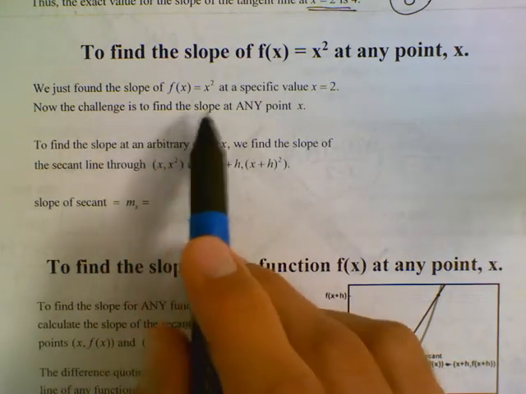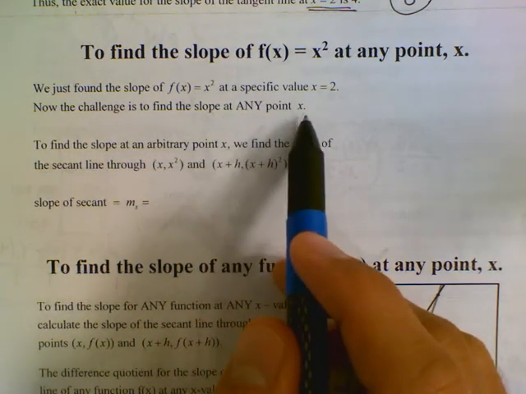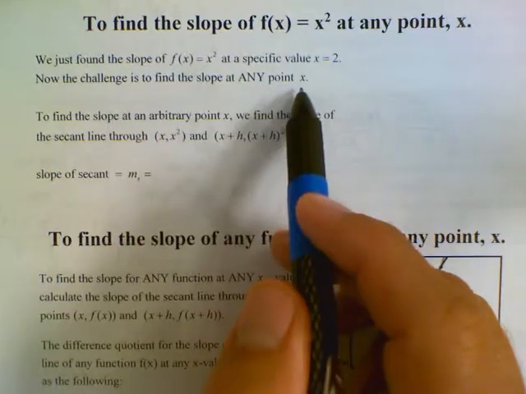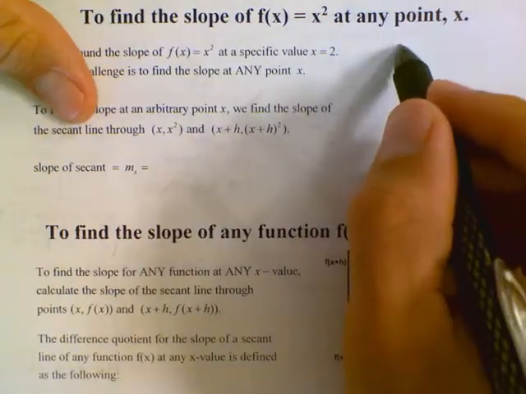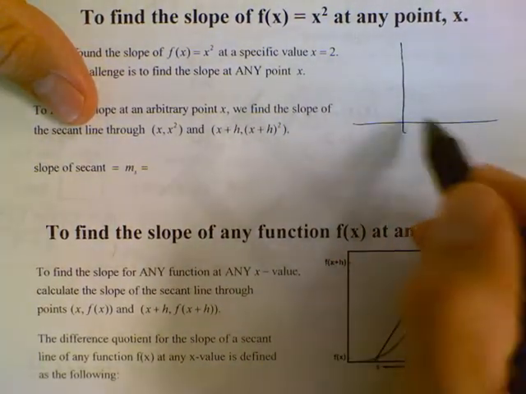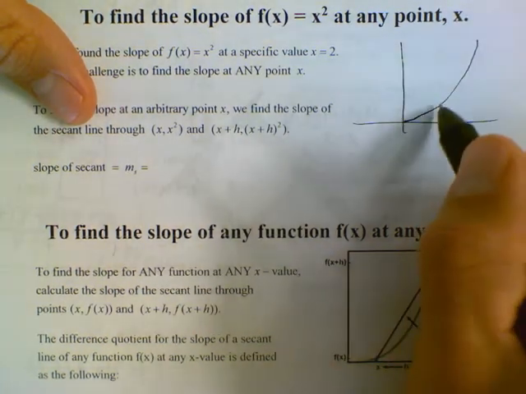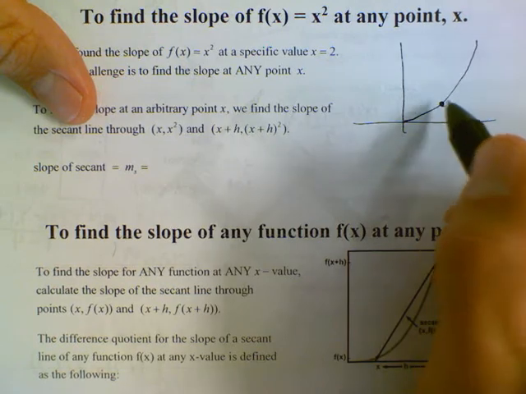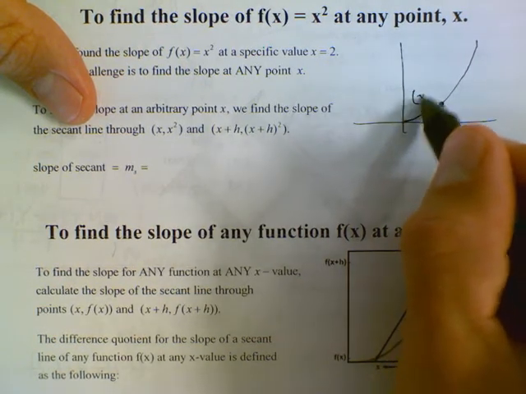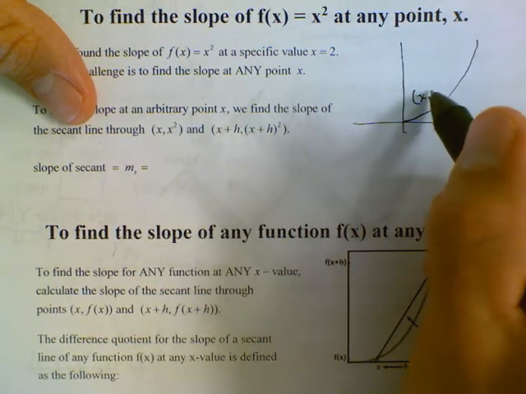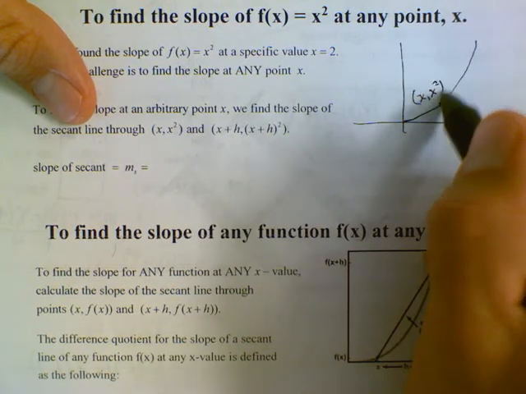So now the challenge is to find the slope at any point x. What we're going to do this time is imagine our quadratic, but instead of picking the point x equals 2, we're just going to pick the point x. So this will be x, f of x, or we'll call it x squared.